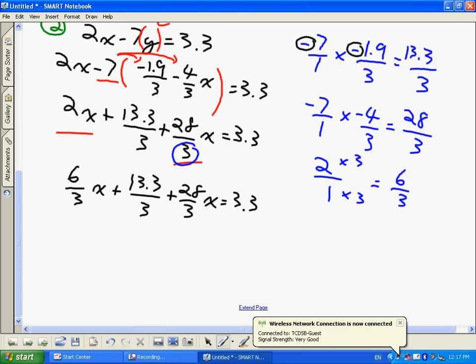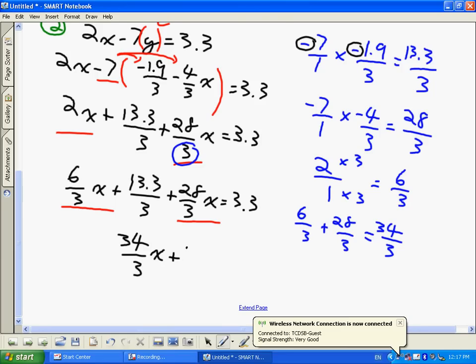Okay, now I can add my like terms. 6 over 3 plus 28 over 3 is going to equal 34 over 3. So now that I combine my like terms, I'm going to have 34 over 3x plus 13.3 over 3 is equal to 3.3.